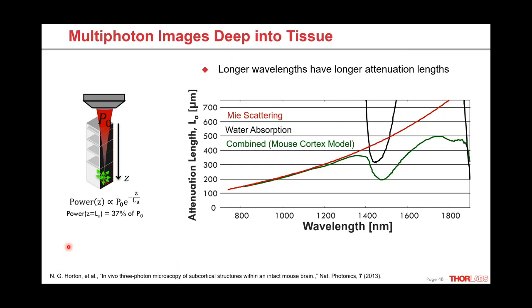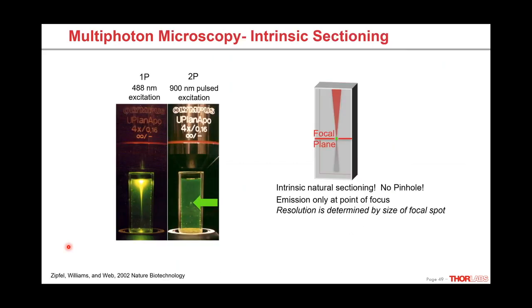There is a second benefit to multiphoton imaging. It's what I call intrinsic sectioning. So in this classic image taken by Zipfel, Williams, and Webb, they've imaged 1 and 2 photon into a fluorescence beaker. In 1 photon, you see the hourglass excitation of all the fluorophores, both above and below the point of focus.